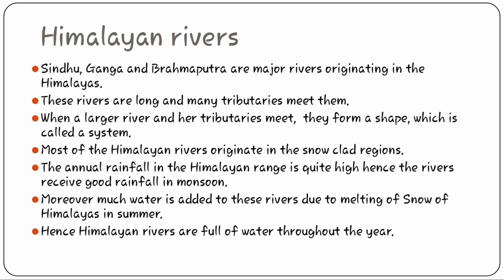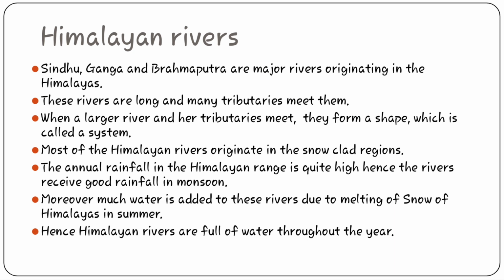Most of the Himalayan rivers originate in the snow-clad regions of the Himalayas. The annual rainfall in the Himalayan range is quite high. Hence, the rivers receive good rainfall in the monsoon season. Moreover, much water is added to these rivers due to the melting of snow in the Himalayas in summer. Hence, Himalayan rivers are full of water throughout the year.